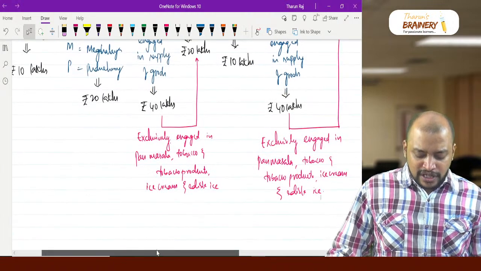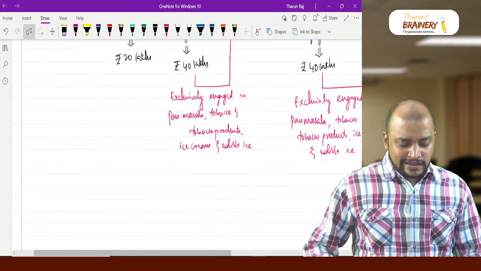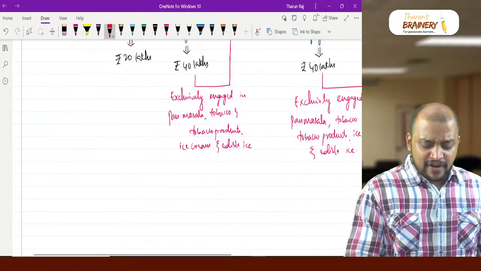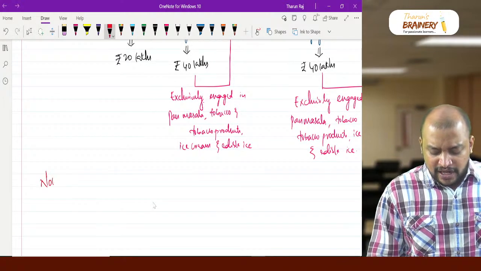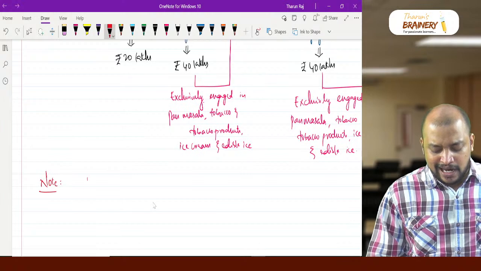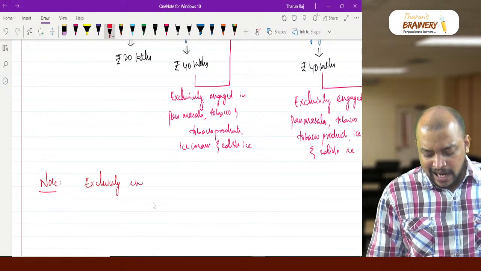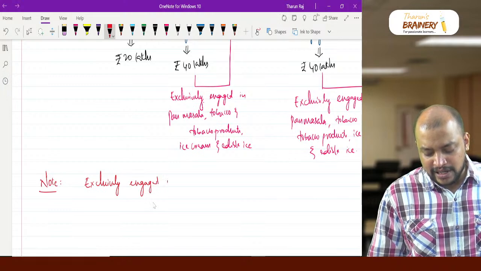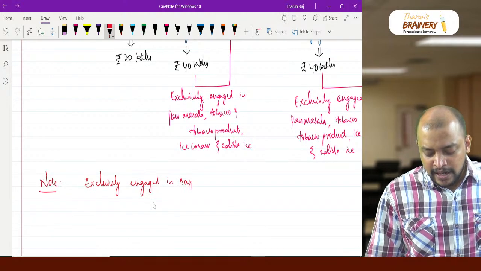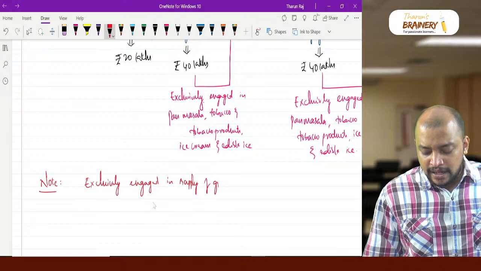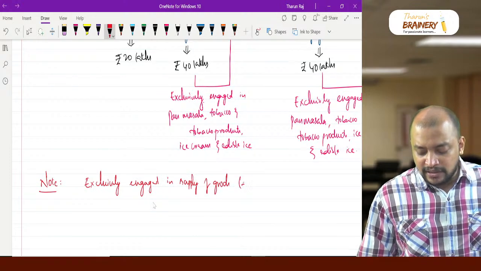Then one important note is also there. Now say for example you are exclusively engaged in supply of goods. Okay, supply of goods, and plus you have interest income.